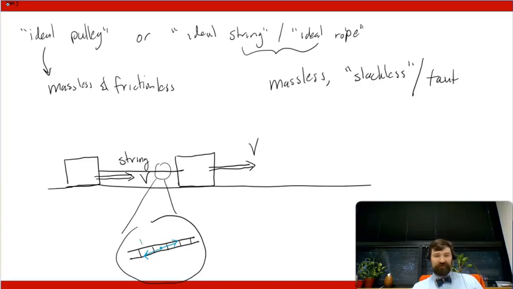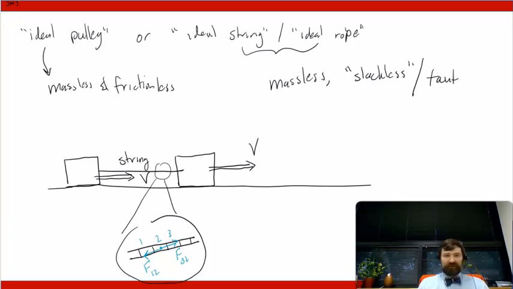So if this is segment 1, this is segment 2, and this is segment 3, then this would be F12, and this would be F32. These forces, really, they are along the string. So I tried to draw them along the string. They should be exactly opposite each other along the string. Alright, so that means that the net force on this piece of string is effectively 0, but it's also massless, so it doesn't matter too much.